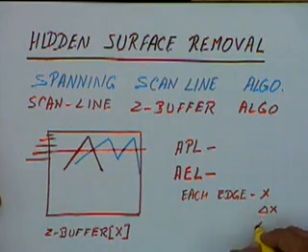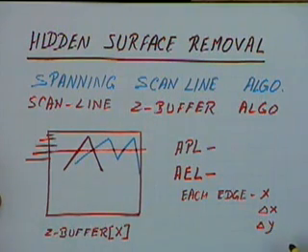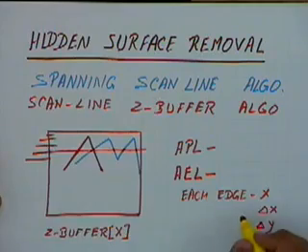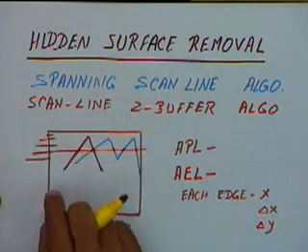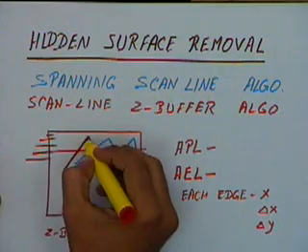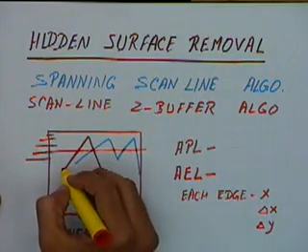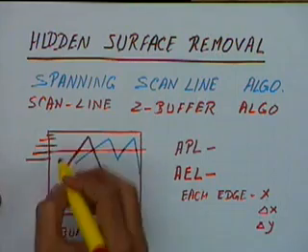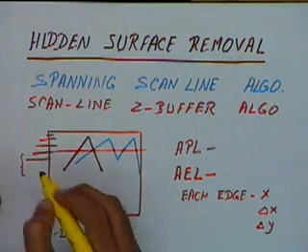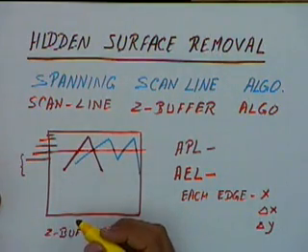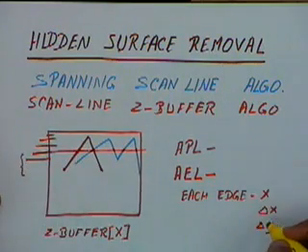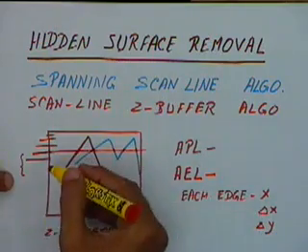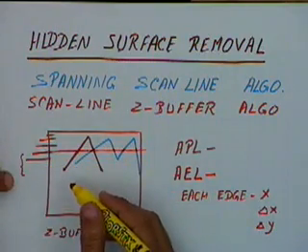And we are keeping track of delta y, that was the remaining number of scan lines left for that edge. That means if I am considering this edge and this edge ends over here, then delta y would correspond to the number of scan lines in this portion. Every time we go from one scan line to the next, we decrease delta y by 1, and the moment delta y becomes 0, that edge would be deleted from the active edge list.